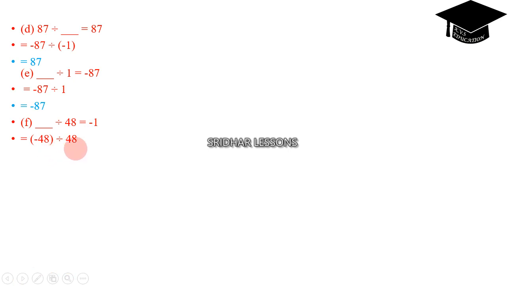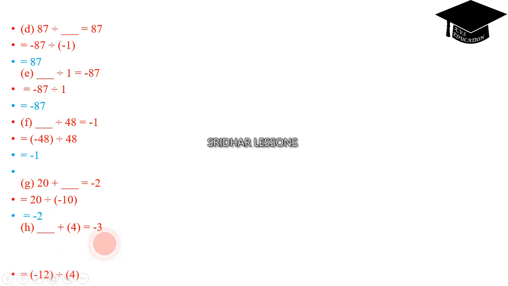Minus 48 divided by 48 is equal to minus 1. 20 divided by dash is equal to minus 2. So 20 divided by minus 10 is equal to minus 2. Next, dash divided by 4 is equal to minus 3. Minus 12 divided by 4 is equal to minus 3.